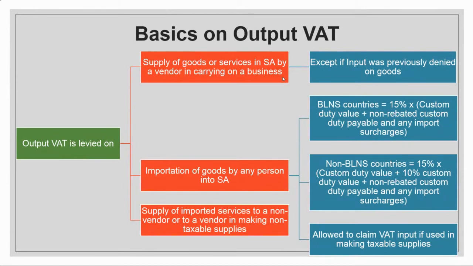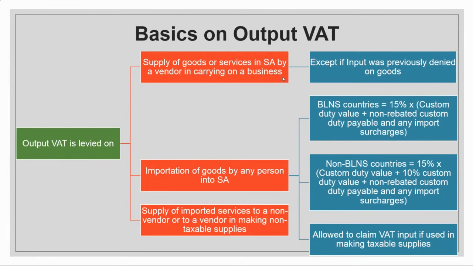Then importation of goods by any person into South Africa. So this one doesn't matter whether you're a vendor or non-vendor, you have to pay output VAT if you import goods and services. Now, what is important here is you have to note, is it a BLNS country or not? Now, the BLNS stands for Botswana, Lesotho, Namibia, and Swaziland.